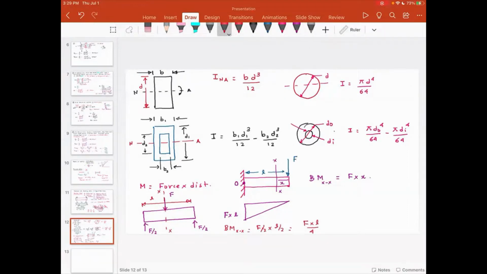And you could have slightly different loading conditions. If you have slightly different loading conditions, the standard way to solve those types of problems is to draw the shear force and bending moment diagram and find the maximum bending moment.